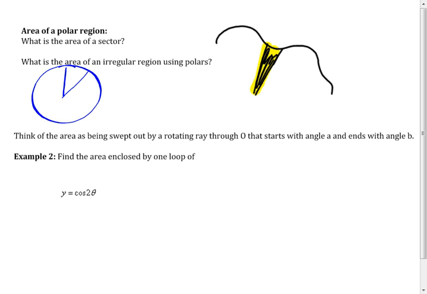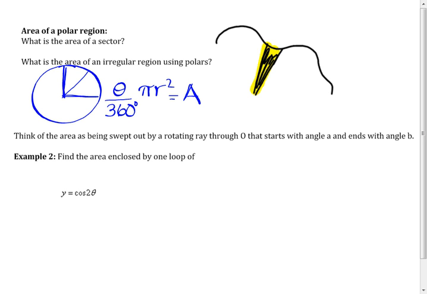If I took this region right here, what part of a circle is that? A quarter. So it's theta over 360 degrees, 90 degrees over 360 times pi r squared. That's the area of a sector in degrees. But I want to change it to radians.